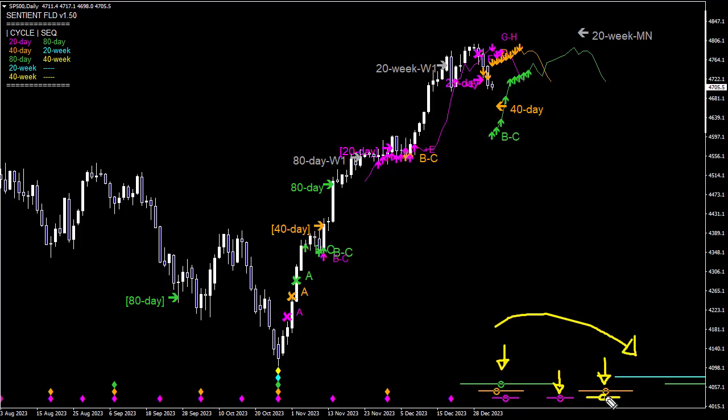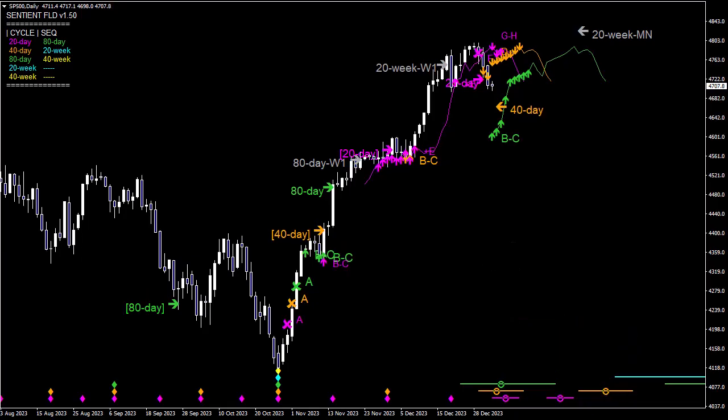The sentient FLD focuses on the information we need to make effective trading decisions right now. It is not a tool designed to be looking far into the future to determine where the 40-day cycle trough is going to occur in a few months' time. We're not really interested. It is focused purely on providing the information we need now to be making sensible trading decisions. The same thing is true for the analysis in the past.